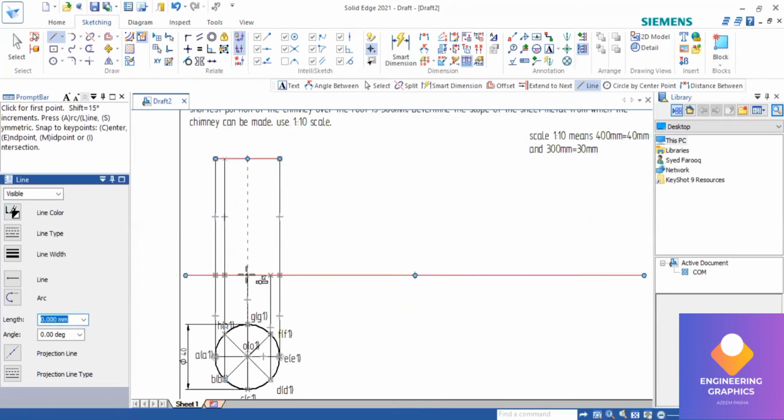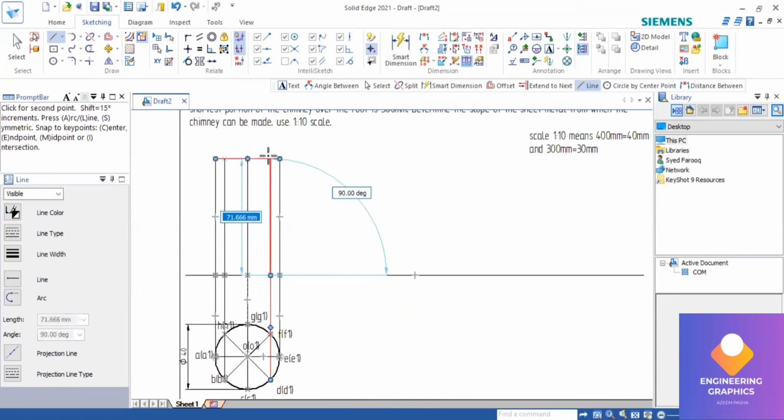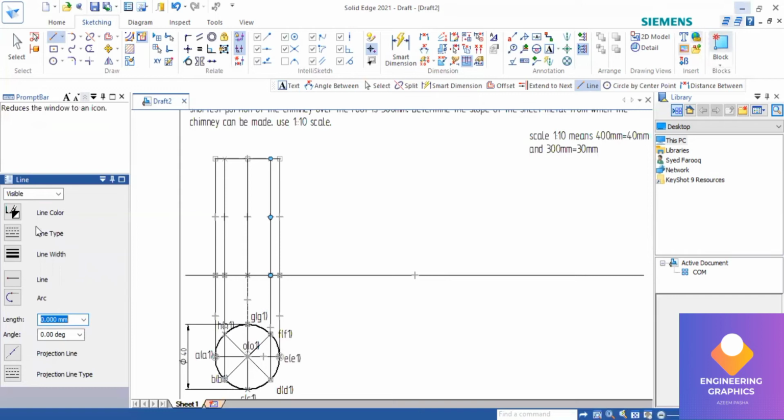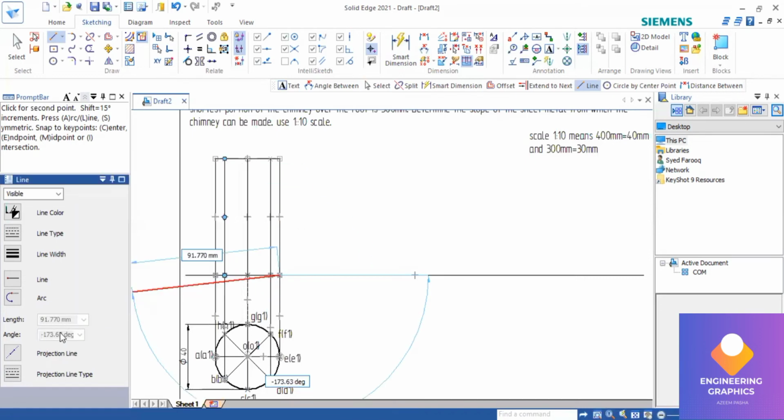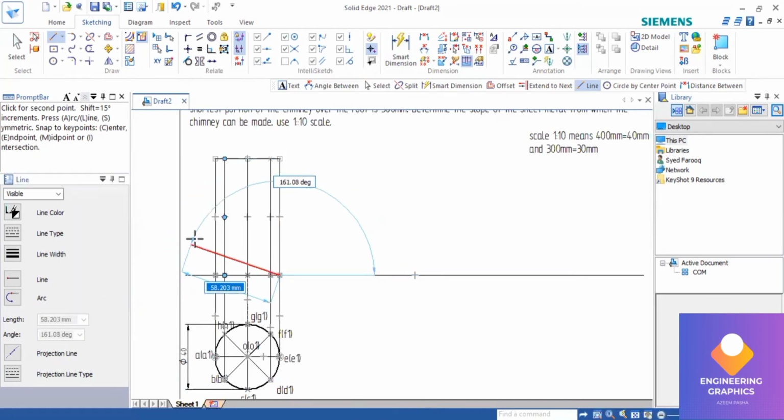Okay, now we have to take this 35 degree angle line. You can see in the question. Okay, section plane angle you can give. It will take 30 degree.